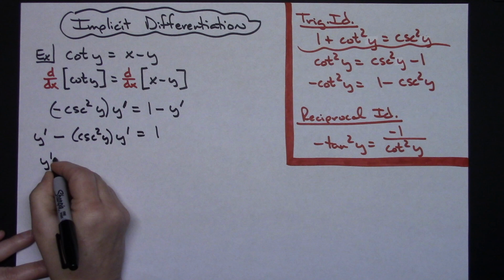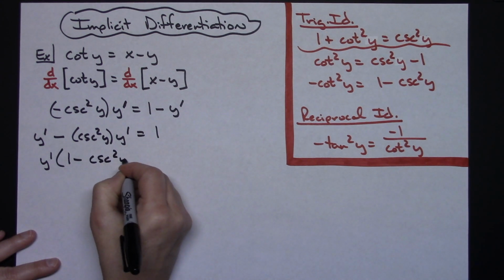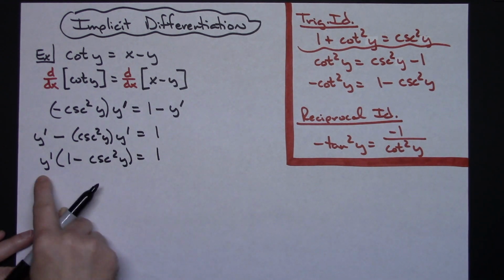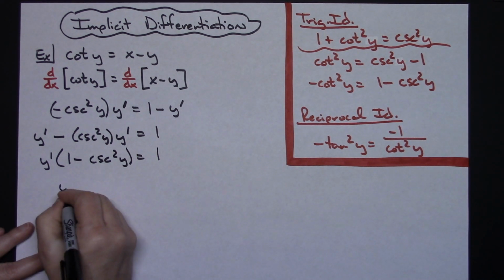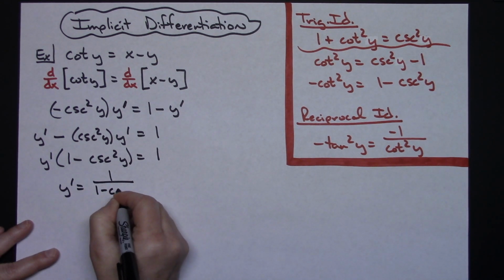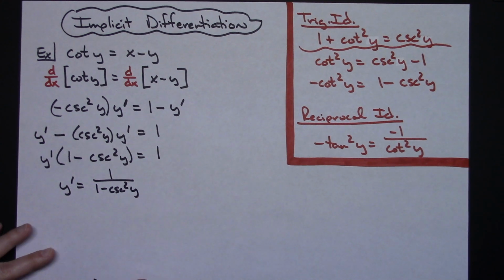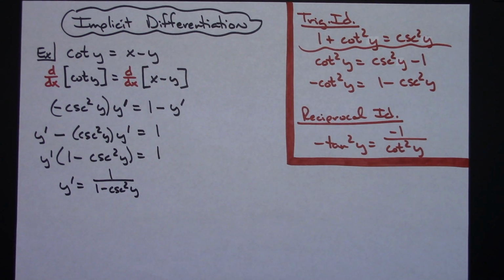So we factor out that y prime, and I'm going to have 1 minus cosecant squared y, times y prime, equal to 1. I'm trying to solve for y prime. Going ahead and solving for this, I'm going to have y prime equal to 1 over 1 minus cosecant squared y.